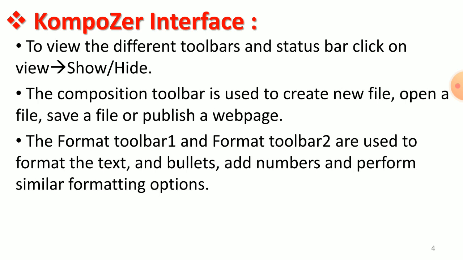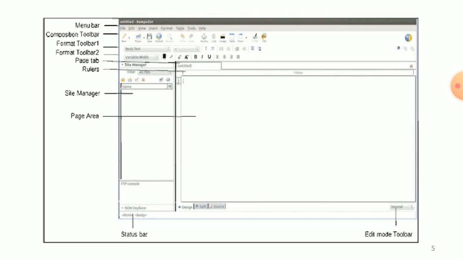Before we learn how to create forms using Composer, let us first learn the Composer interface. Open Composer by locating its icon. To view the different toolbars and status bar, click on the View menu and then Show and Hide.